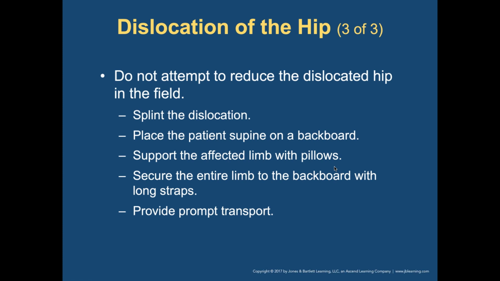Some more on dislocations of the hip. You're going to splint it the best that you can. A lot of agencies have gotten away from backboards. You definitely want to support the limbs with pillows. You want to fill that gap. Just put as many pillows and blankets as you can to support the hip and the legs, because it's very painful.